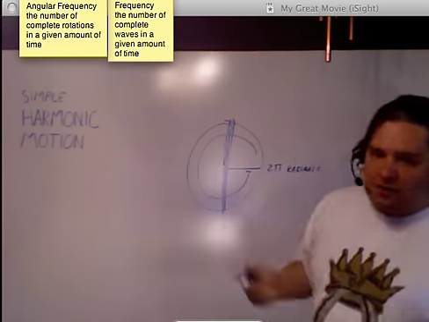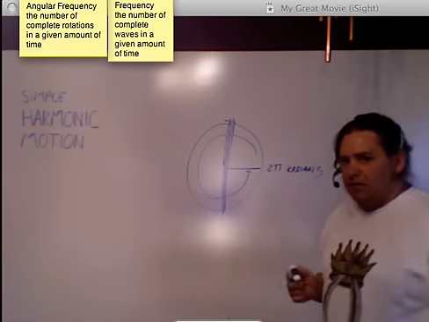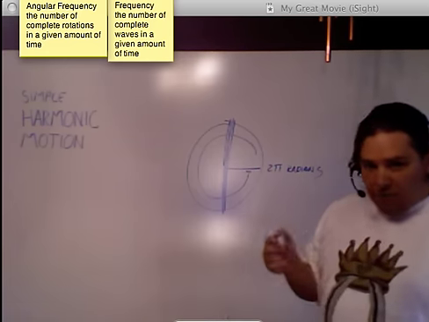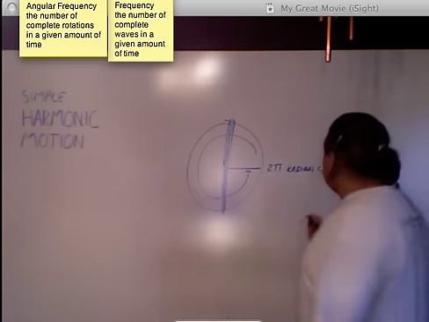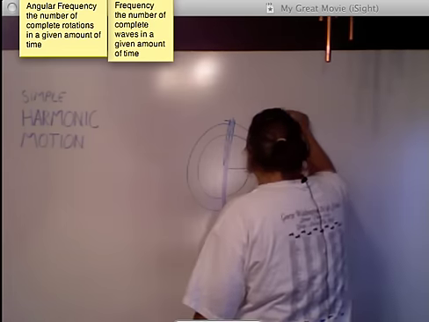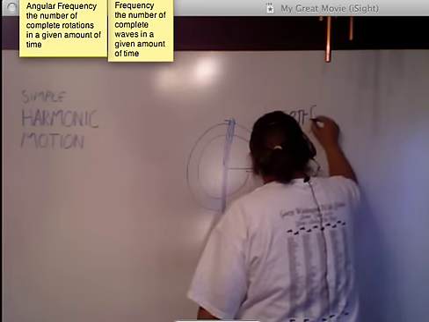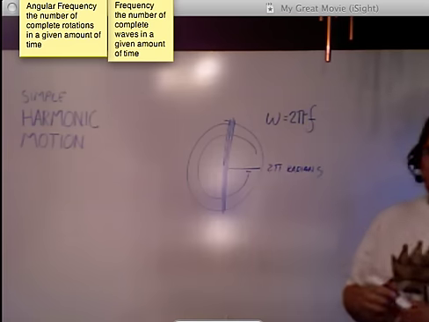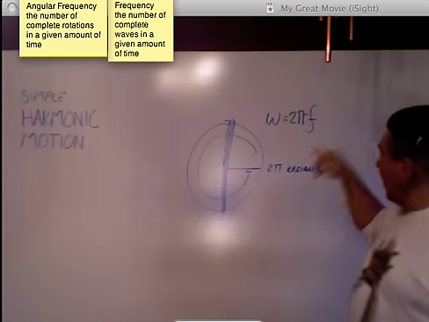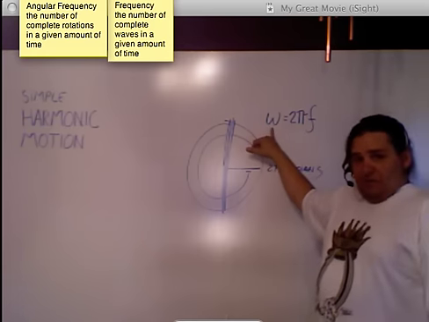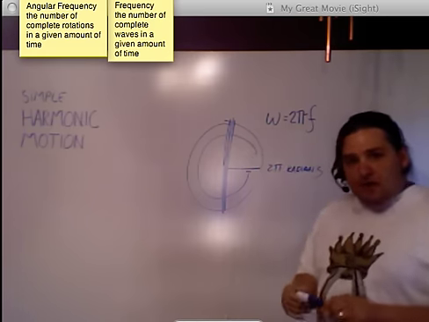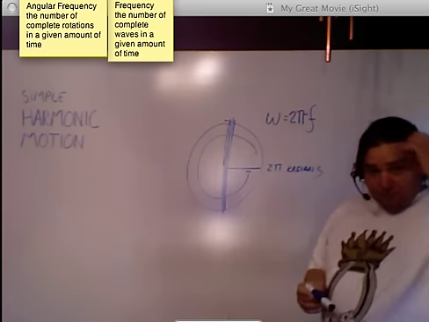It turns out that the relationship between angular frequency, now I'm going to give you the mathematical symbol for angular frequency. The relationship between the two is that this term right here, this W, is actually what's known as an omega.